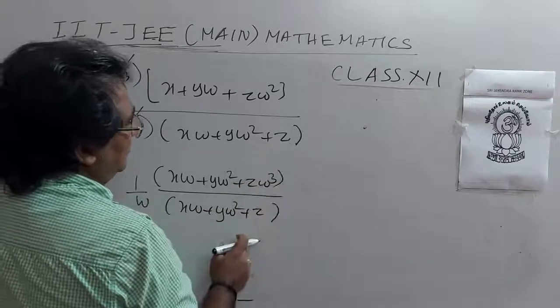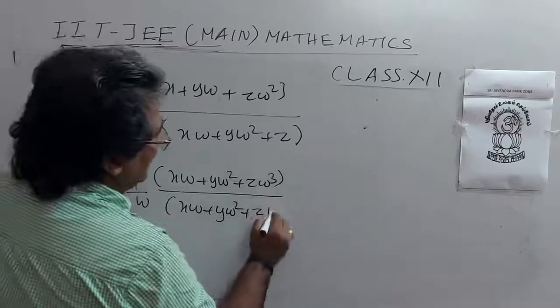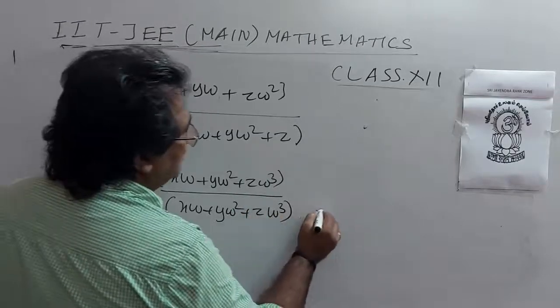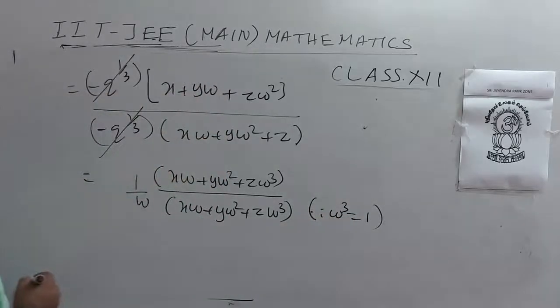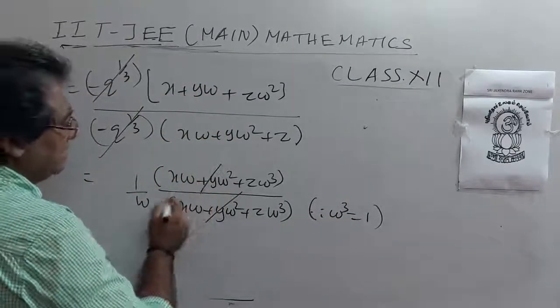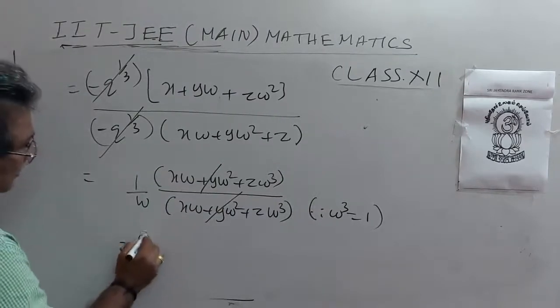In place of z, we can write omega cube, since omega cube equal to 1. This will be cancelled. We have seen already 1 by omega means omega squared.